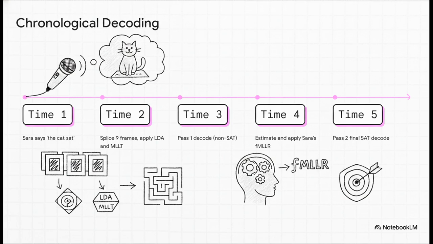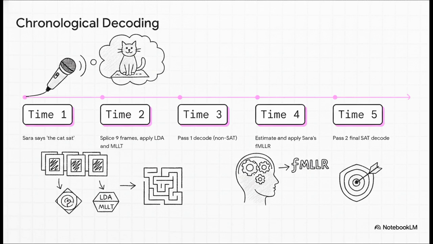Let's tie it all together chronologically. Imagine a user, Sarah, speaks into a Tri3B system. Time 1, Sarah says "the cat sat," which generates, say, 300 frames of audio data. Time 2, we splice 9 frames together to get context and apply our LDA and MLLT matrices to isolate and decorrelate those phonemes.